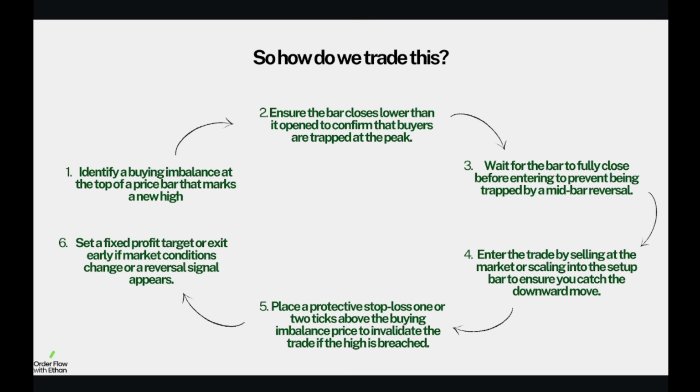Then you should set a fixed profit target or exit early if the market conditions change, or if a reversal signal appears. For example, delta turning more positive and the market reversing quickly. Every time a trap trader setup happens, the market gives small profit first if you go and sell, but then conditions change.